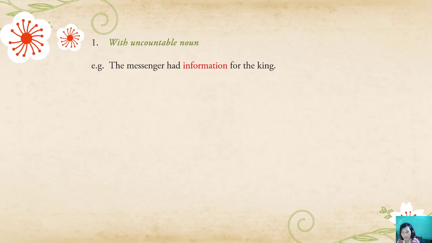Information. So, instead of uninformation, we use some information. If we want to have more, so we can use much information or a lot of information. Of course, we cannot use many for countable.